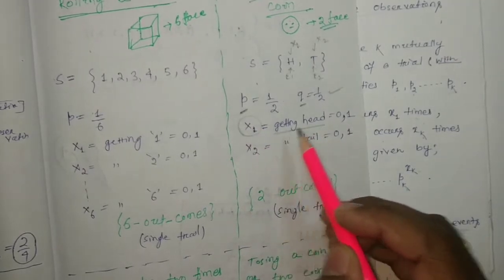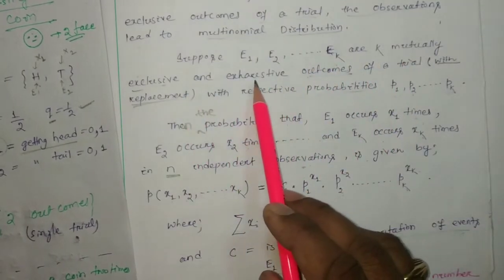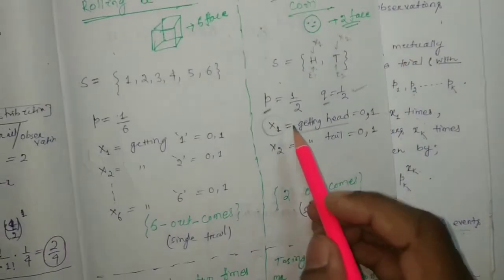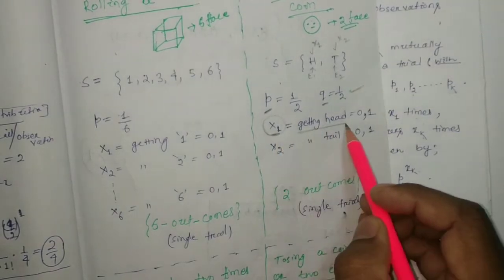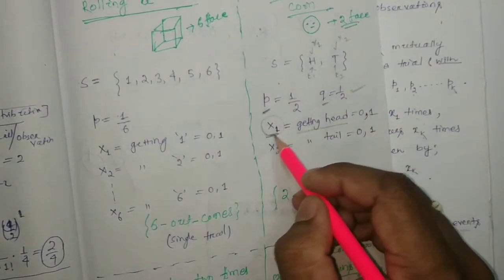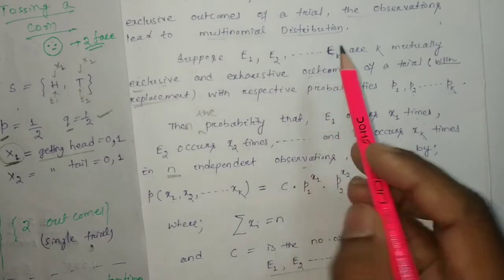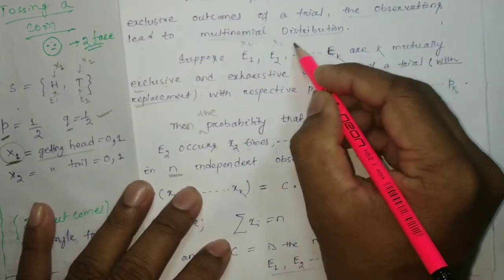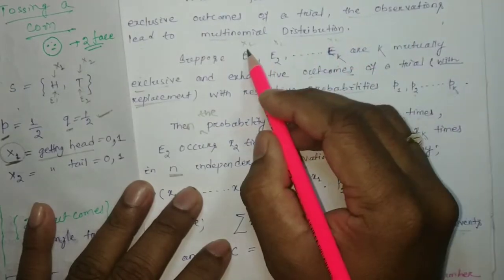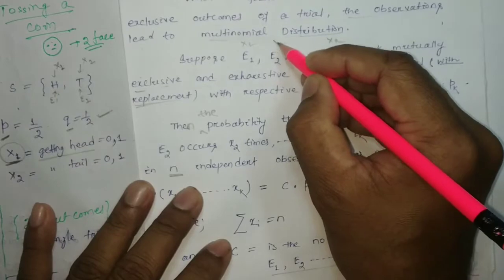Those are your exclusive and exhaustive outcomes. This is one outcome, X1 getting head. Here I represented it with the random variable X1, but in your notes it is written as E1, E2, Ek. You can also write capital X1, X2, Xk, no problem.